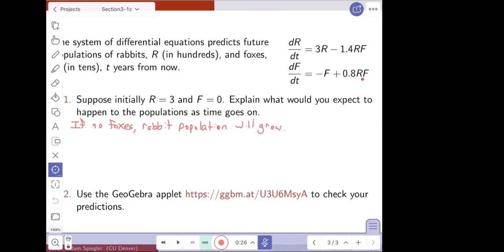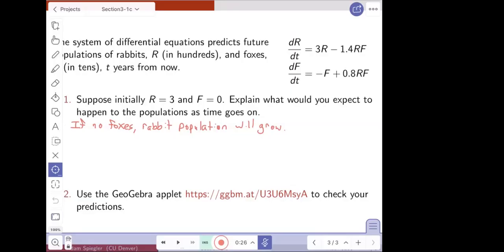Well, if F is equal to 0, then dF/dt would equal 0. So that fox population's rate of change is 0. If you start with no foxes, then you're going to continue to have no foxes. They're not going to spontaneously appear. So that's what the equations are telling us, and that matches what our intuition is telling us.